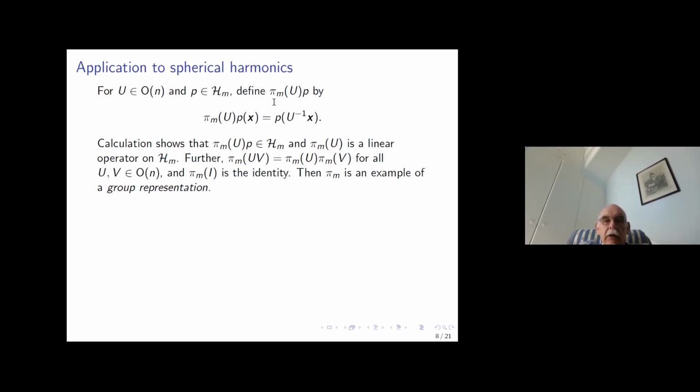Then I define pi_u of P by this formula: pi_u of P at x is P at u inverse x. It looks slightly inconvenient to have the inverse there, but in fact it turns out to be convenient to have it. So this means that if I start out with a polynomial P, I get a new polynomial, pi_u of P, which in some sense has been rotated around. Later on, I'll have a picture of what happens when we rotate a polynomial around.